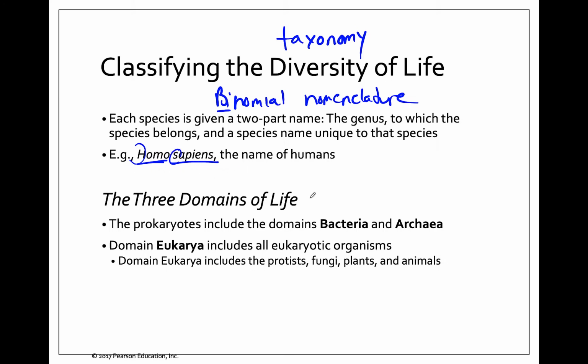All of life can be divided into 3 domains. There used to be a 5-kingdom system, and we have since found that that was not the most accurate portrayal of the life on Earth. And so now the most current system is the 3 domains of life. So there are 2 prokaryotic domains called bacteria and archaea, and then 1 eukaryotic domain called eukarya.